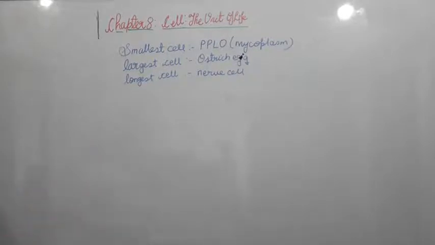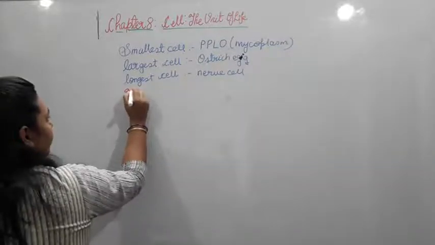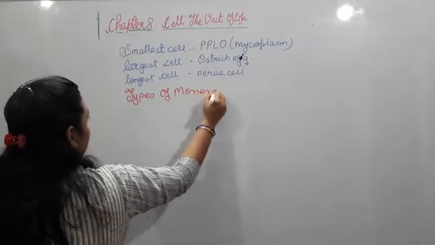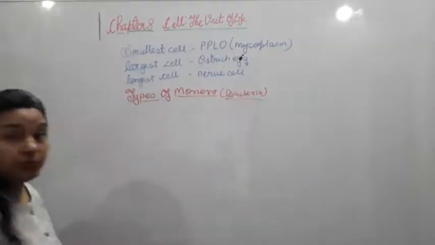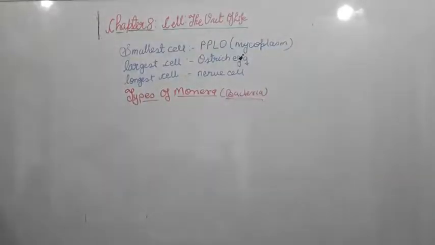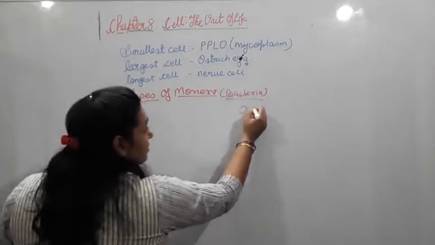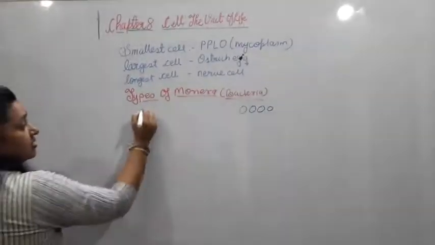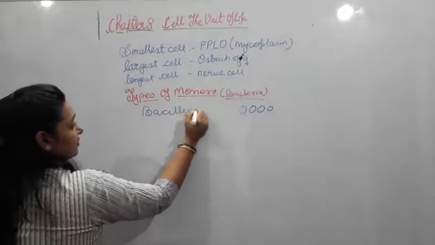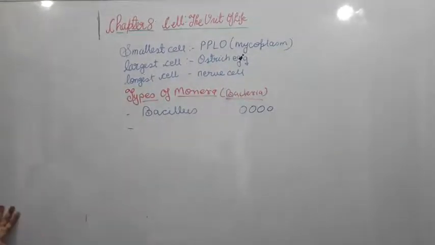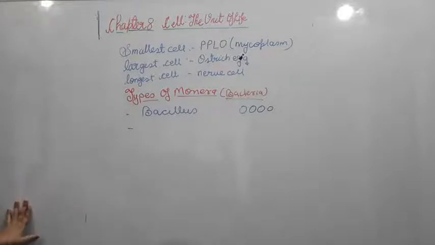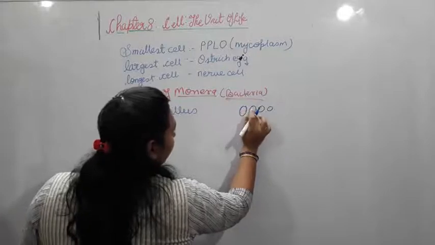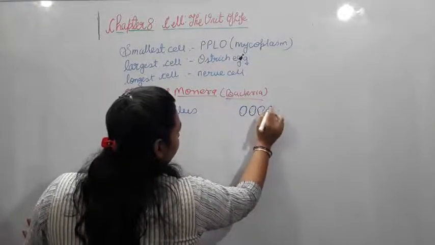Now let us categorize the types of monera, that is, the bacteria. On the basis of their shape, they have been classified into 4 different types, right? If you see the rod-shaped, somewhat oval one, it is the bacillus. If you remember the previous chapters, you will recall this.